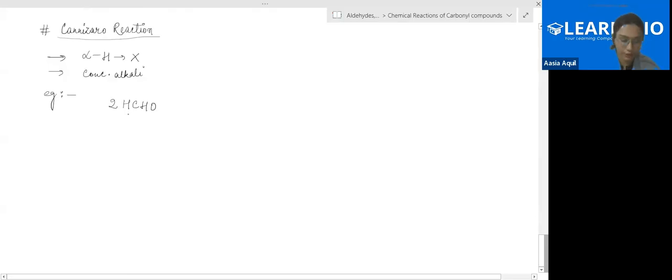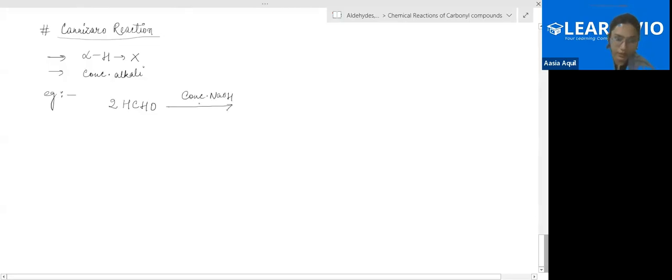No, there is no alpha hydrogen, right? So if we do oxidation, we will get carboxylic acid. But see here, NaOH is there, right? So we are going to use concentrated NaOH.